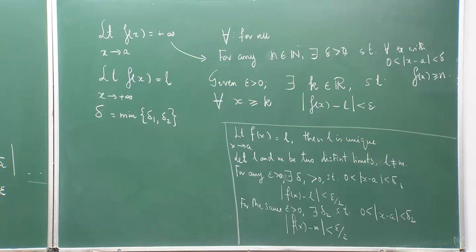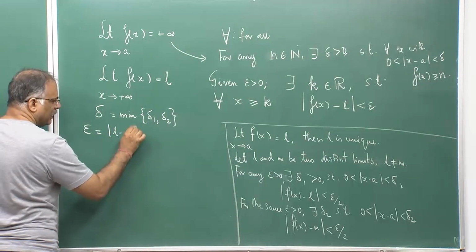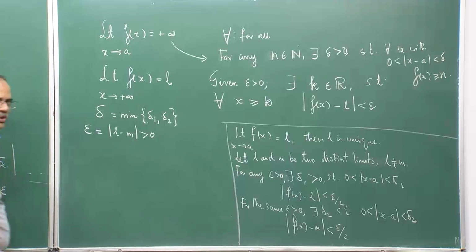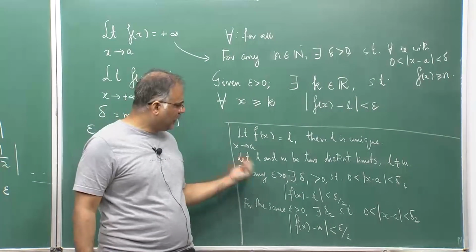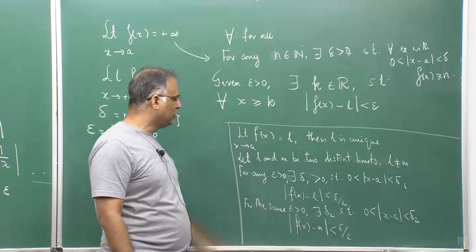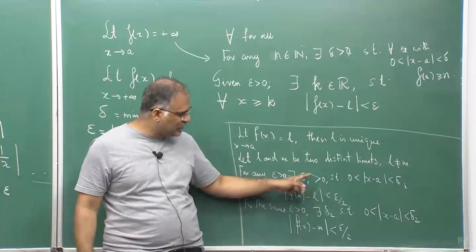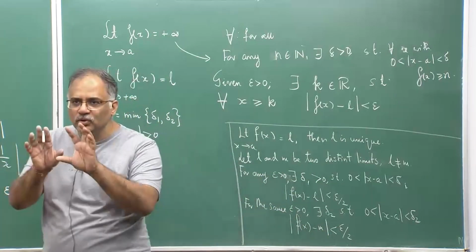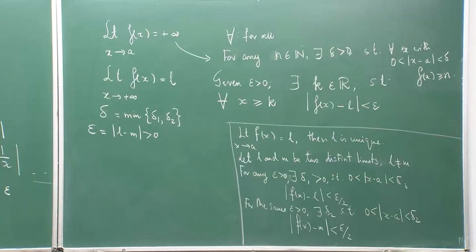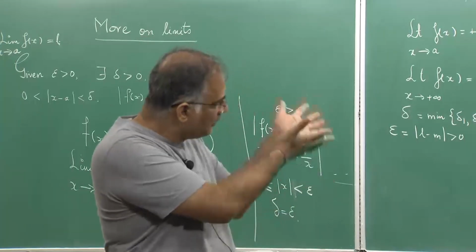Now, I will particularly choose epsilon to be |L minus M|, and this is strictly bigger than 0 because L and M are not the same. So, now let me write down. For this epsilon greater than 0, there would exist a common delta which is the minimum of these, such that |f(x) minus L| should be less than |L minus M| by 2, because now I have chosen epsilon to be |L minus M|. For that there is some delta 1, and again for the next case for M there is another delta 2.